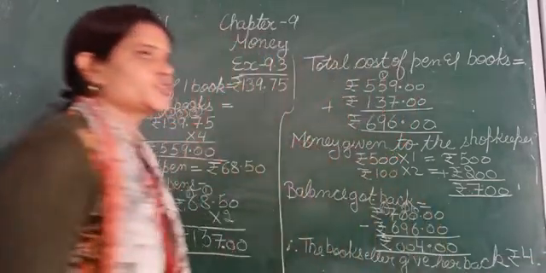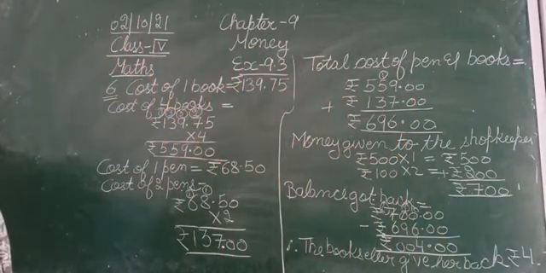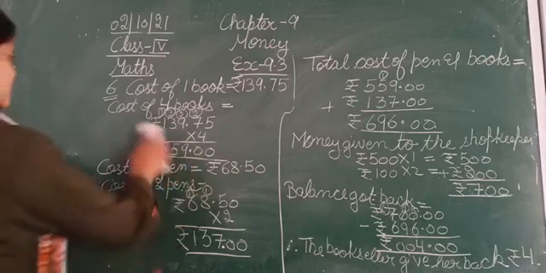So this is the solution of the question. This is the amount that is given by the bookseller to Karina in return. Clear? This is the solution for question number 6. You can pause it here and note it down in your notebooks. Moving next to question number 7.